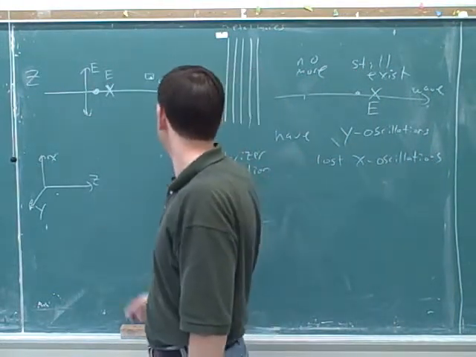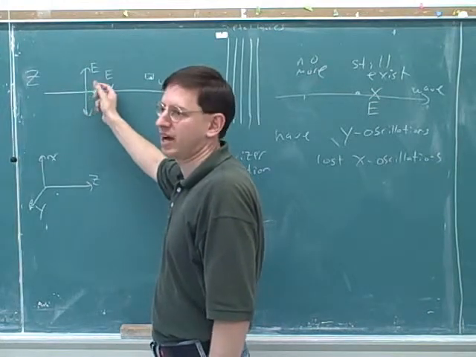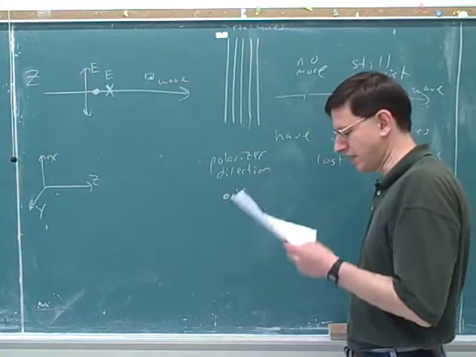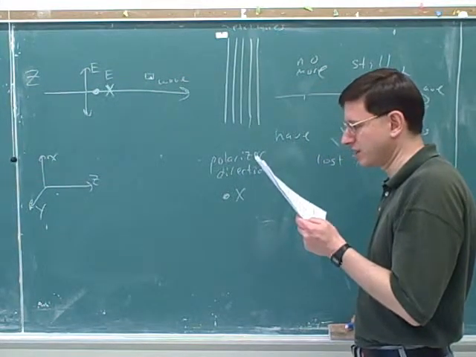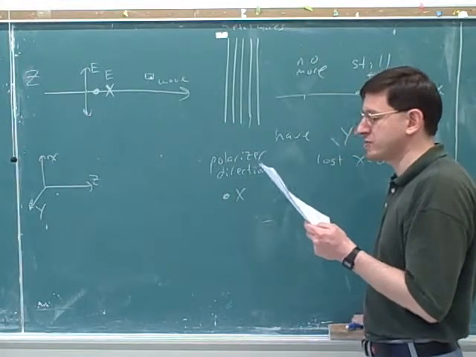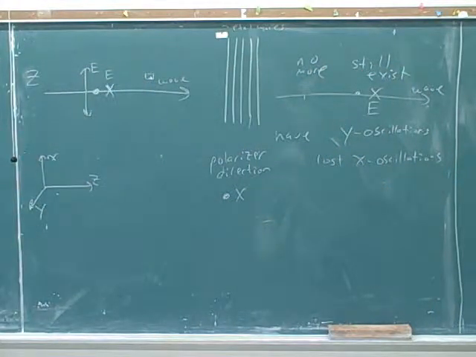You can see that the into and out of the board oscillations are fine, it's only the up-down oscillations that are not working. So maybe it's intuitive that we're going to have a new intensity that's half of the old intensity. So, notice that the problem specifically said that the original intensity was I. So the new intensity would be I over 2.